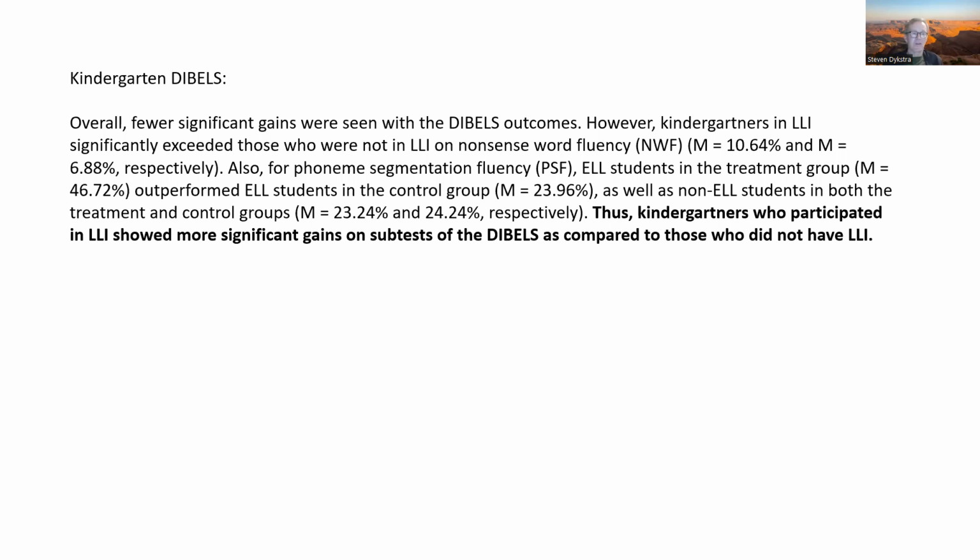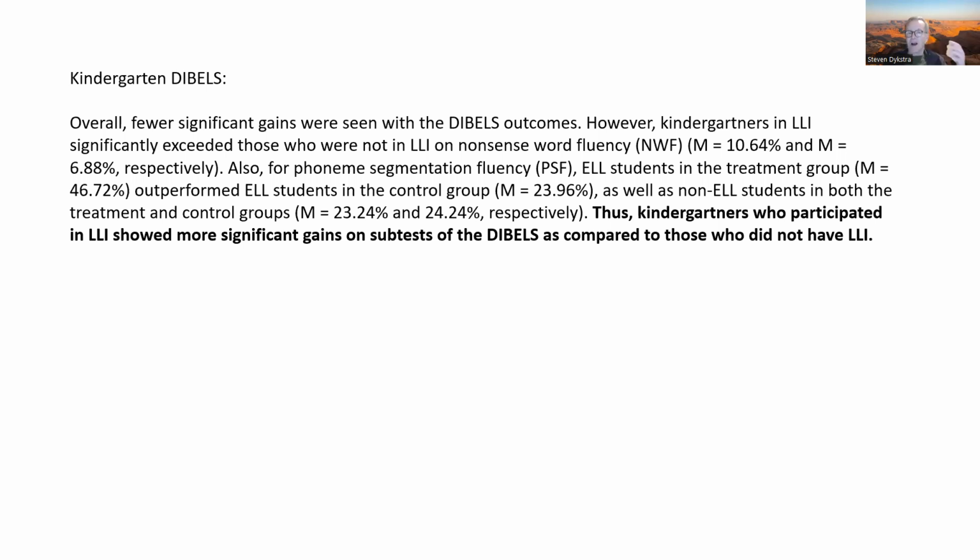ELL students in the treatment group outperformed ELL subjects in the control group, as well as non-ELL subjects. Their massive results came not on Dibbles. Their massive results came on the running records they did with these kids. They had huge differences in running records and much more modest differences, and in many cases, no differences at all on Dibbles outcome.